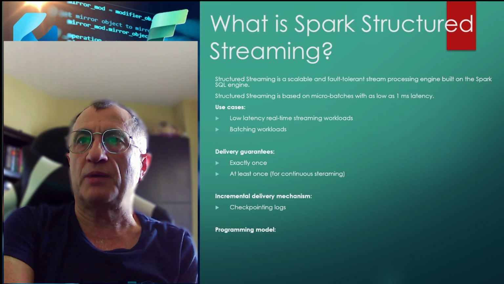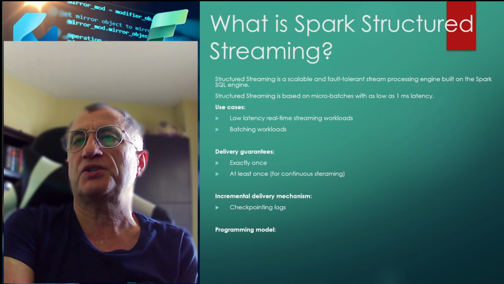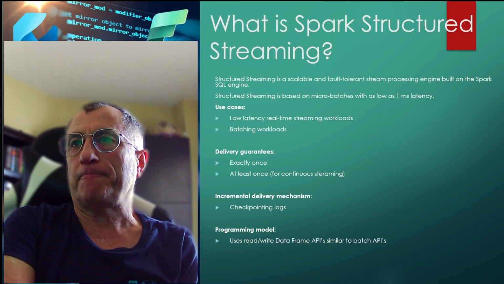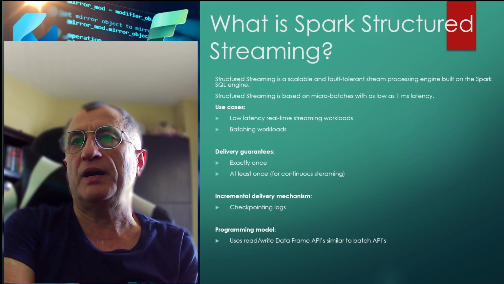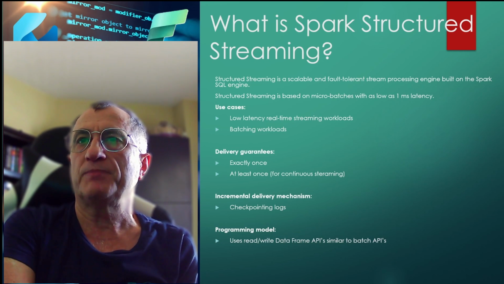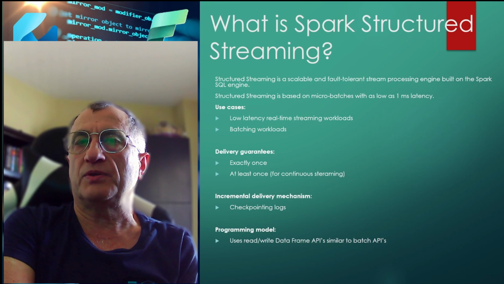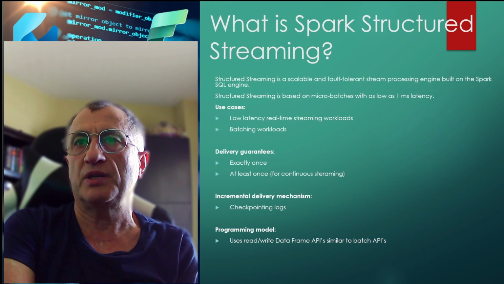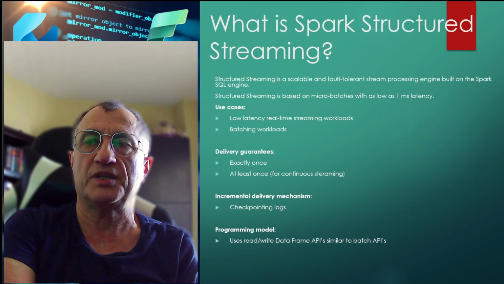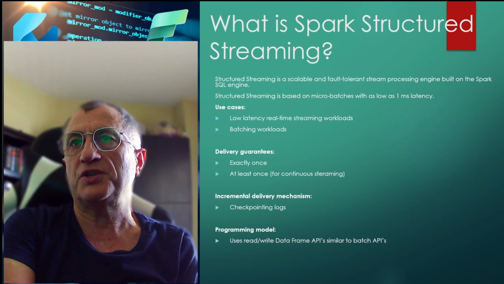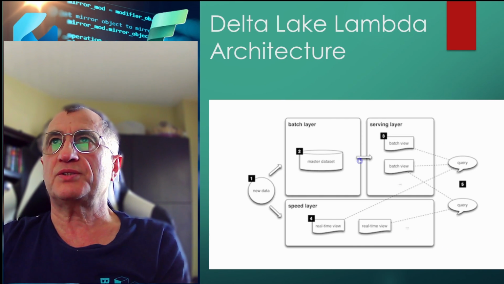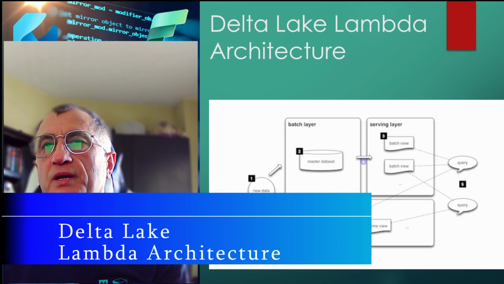In terms of programming model, Spark structured streaming is very similar to the batching APIs that we learned earlier. If we talk about read and write APIs for structured streaming, you will see that they resemble batching read and write APIs.